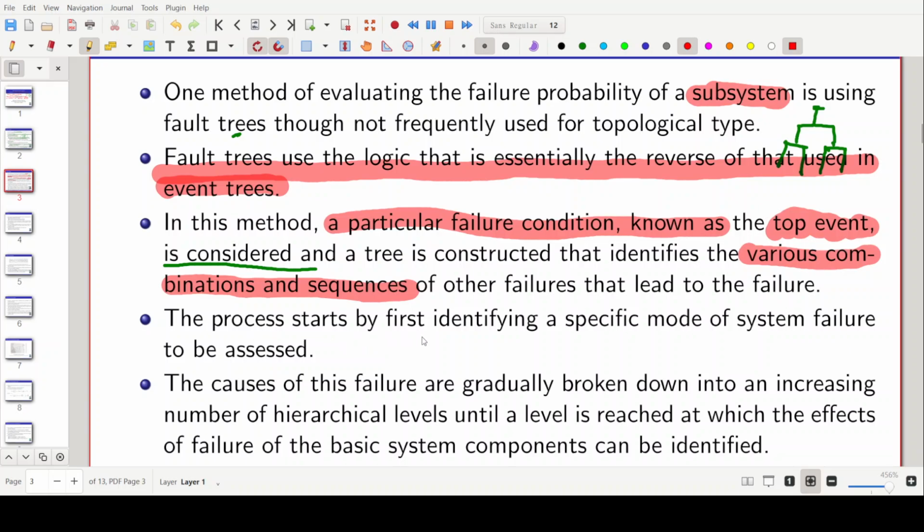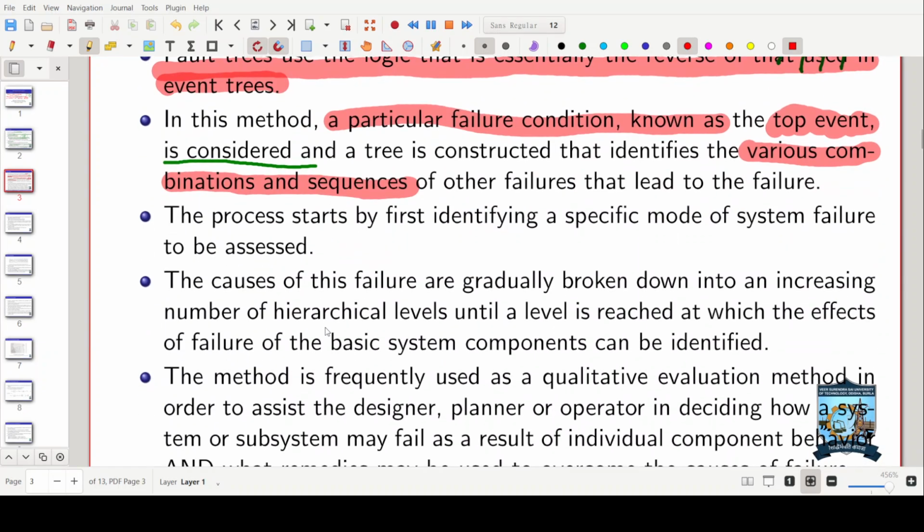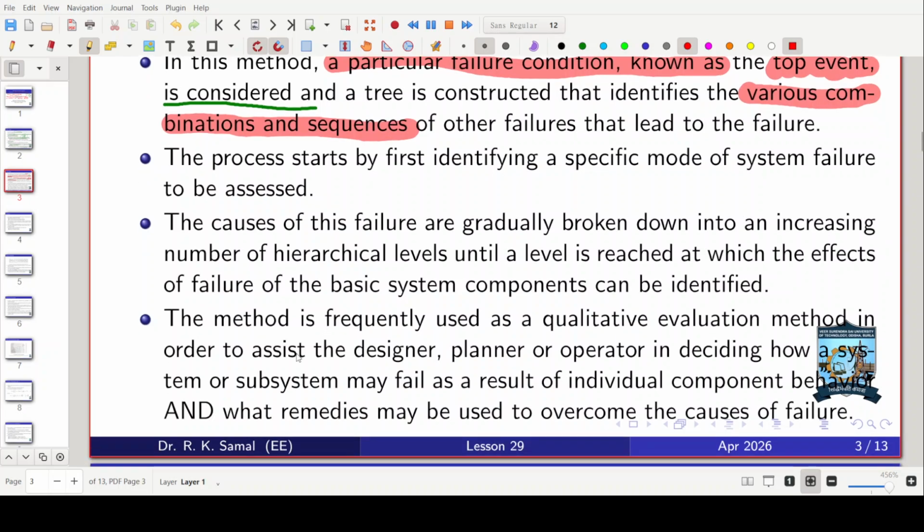The process starts by first identifying a specific mode of failure to be assessed. Okay, what failure we are considering? The causes of this failure are gradually broken into an increasing number of hierarchical levels until a level is reached at which the effects of the failure of the basic system components can be identified. Okay, so here the important thing is basic system components.